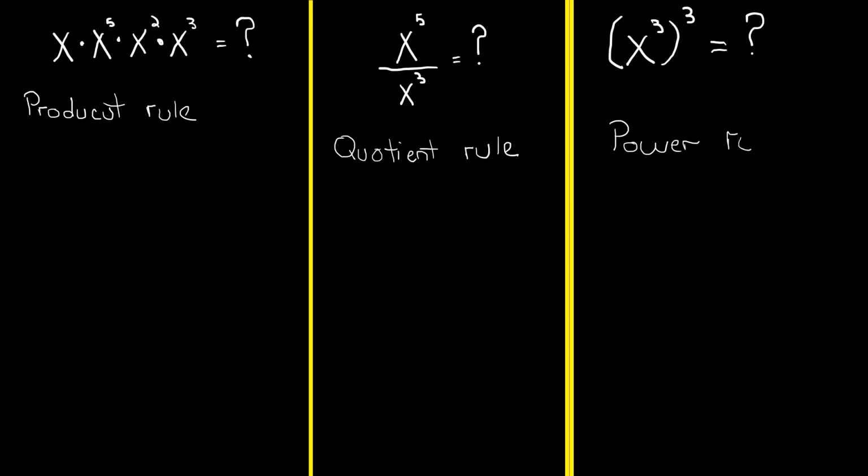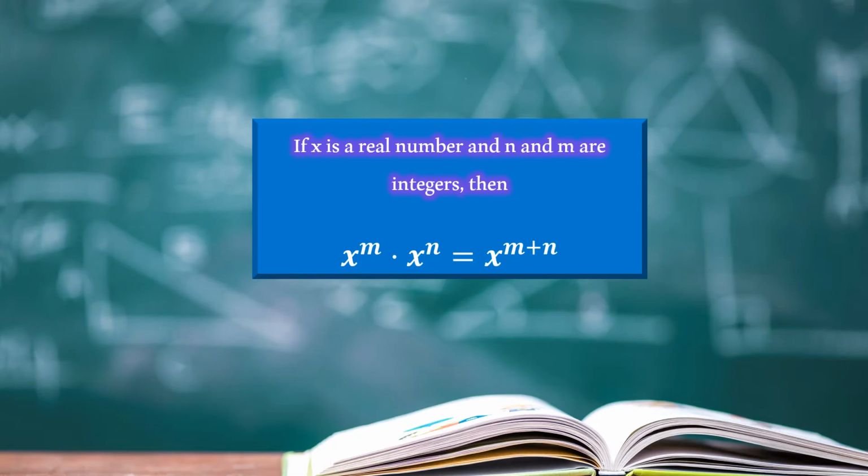So let's start off with the product rule. The definition states that if x is a real number and n and m are integers, then x to the m times x to the n equals x to the m plus n.